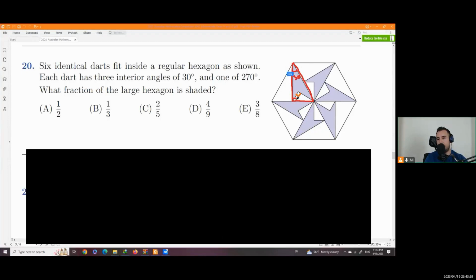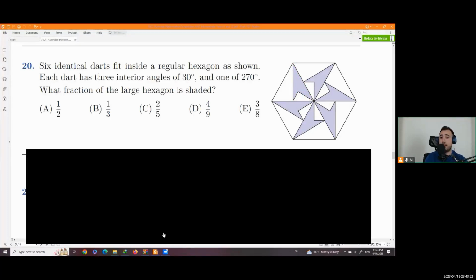This one would be a right angle. This would be 60, right? So the same thing is true for the smaller one. This is going to be 60. This would also be 30. So we know that these two are similar.